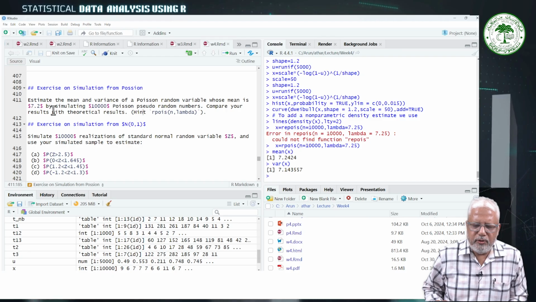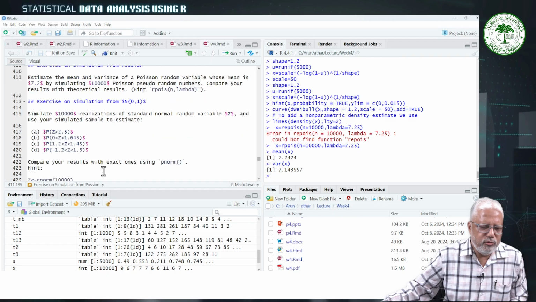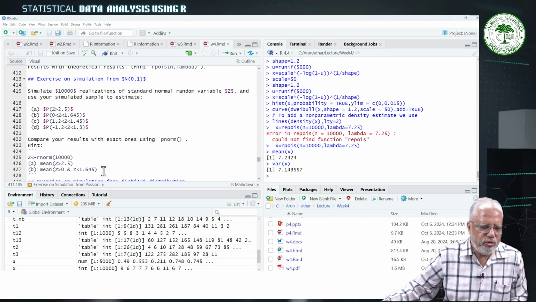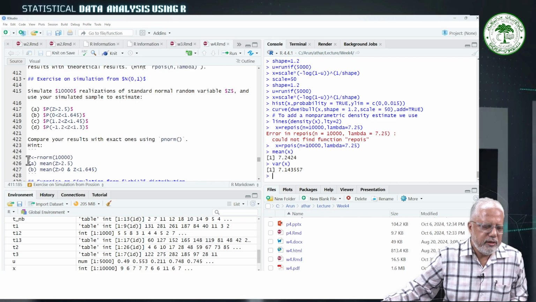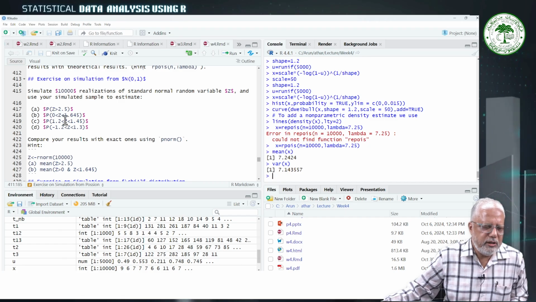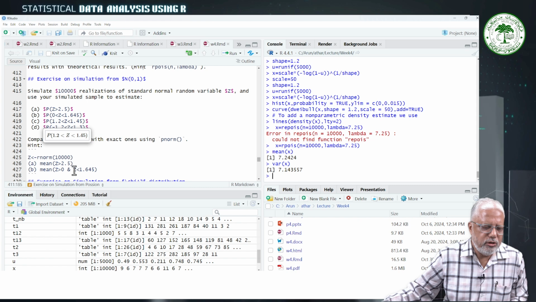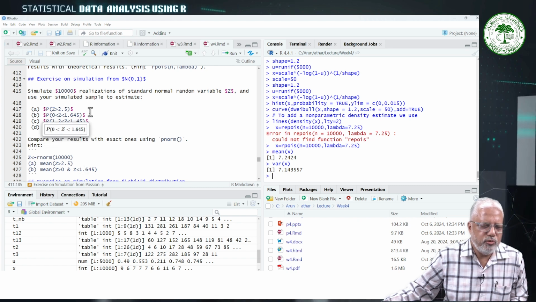These problems we have to solve by using simulation. Compare your results with the exact result using pnorm.